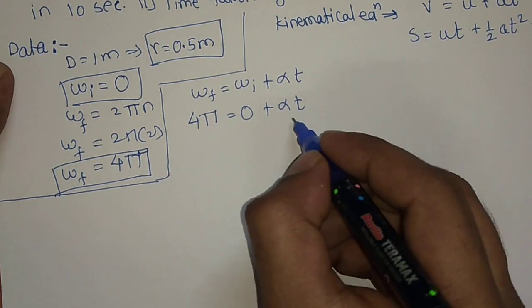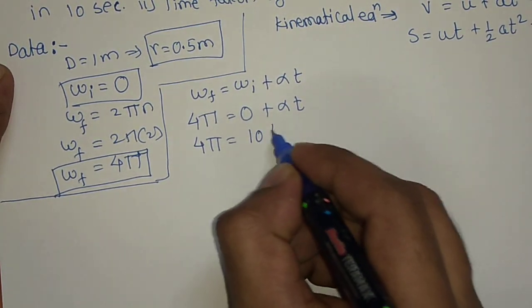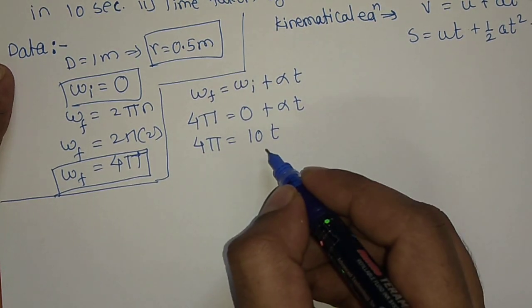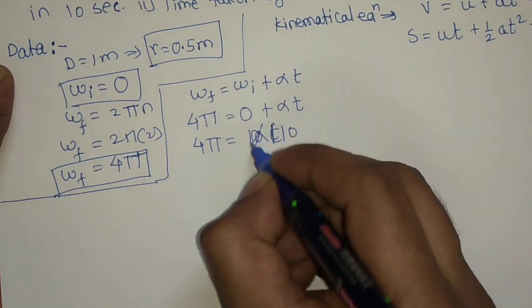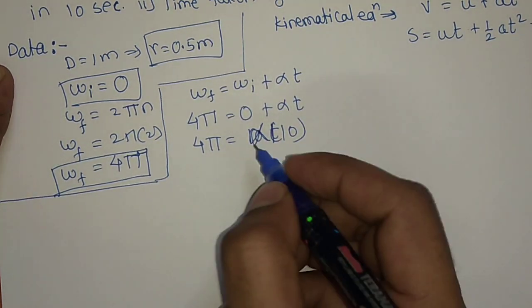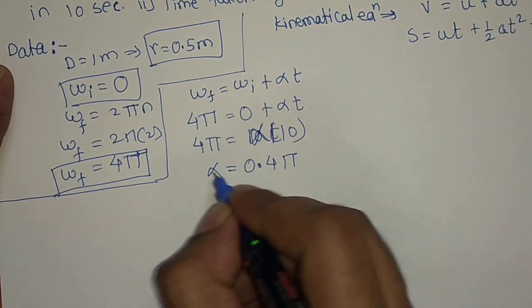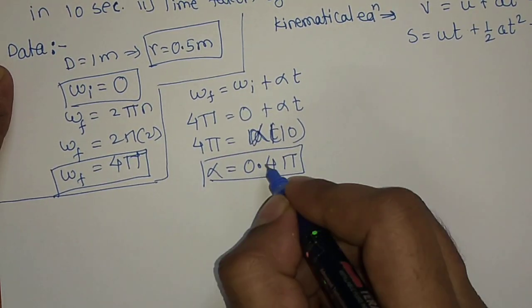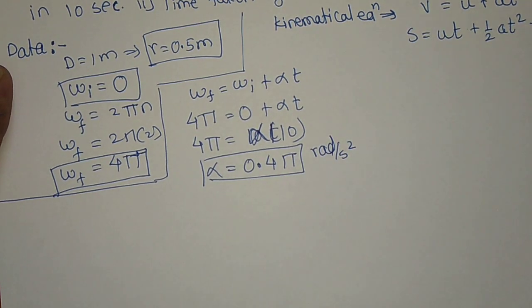Therefore t will be replaced by 10. So 4 pi equals alpha into 10. So what is the value of alpha? Alpha is equal to 0.4 pi. What is the unit of acceleration? That is radian per second square.